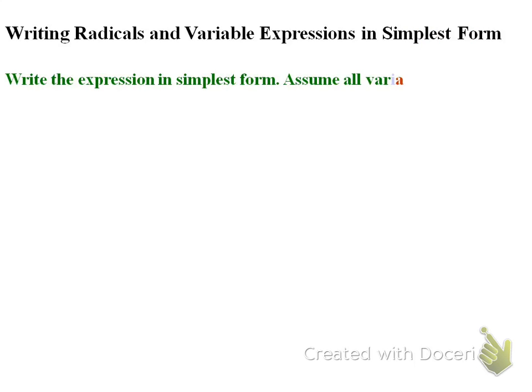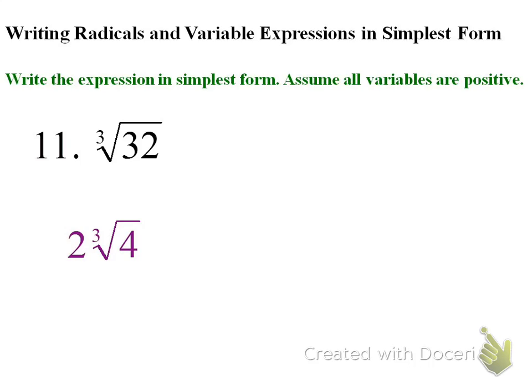All right, so now we're going to look at just some different ones. So whenever you found the prime factorization of 32, meaning you broke it down into factors, we had 2, 2, 2, 2, and 2.